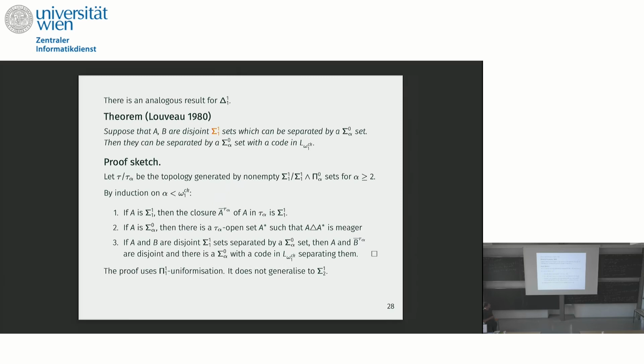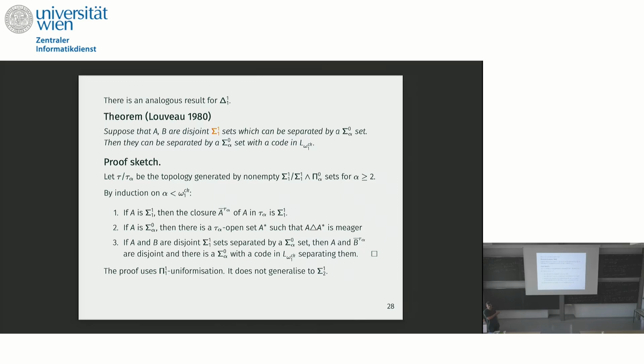So let me first mention a result one level lower. That's Louveau's separation theorem, which we're familiar with. It's a version of the separation theorem for sigma 1, 1 sets, except it says that in addition, we know that the set is separated by a sigma 0 alpha set.